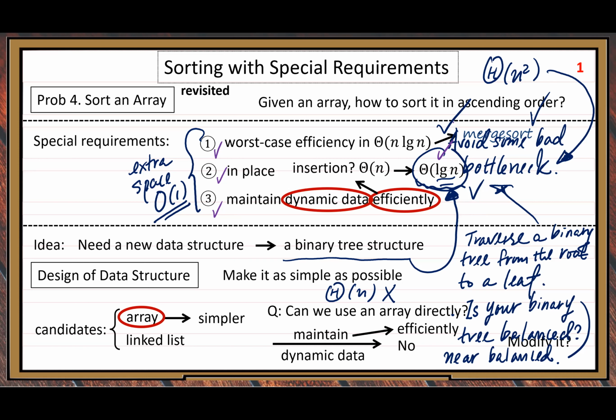So now, today, we continue the story and we get the details, how to make this structure happen. How to get this advanced data structure to support this special sorting algorithm. All right.